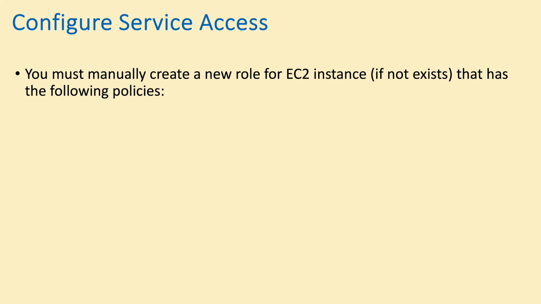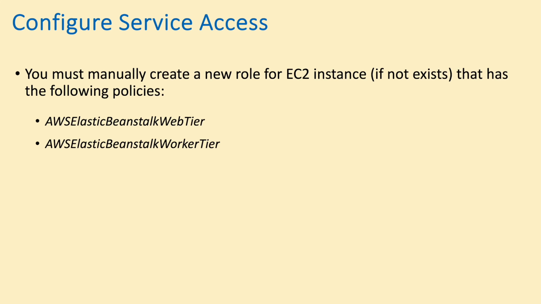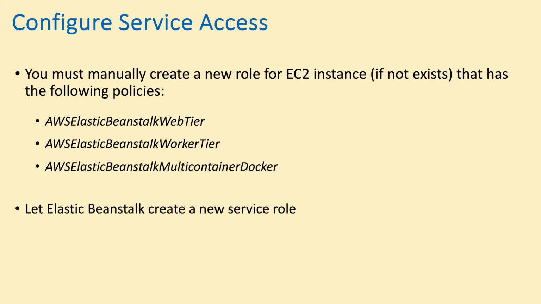Note that the important step is to configure service access. You must manually create a new role for the EC2 instance that has the following policies: AWS Elastic Beanstalk Web Tier, AWS Elastic Beanstalk Worker Tier, and AWS Elastic Beanstalk Multicontainer Docker, and let Elastic Beanstalk create a new service role.